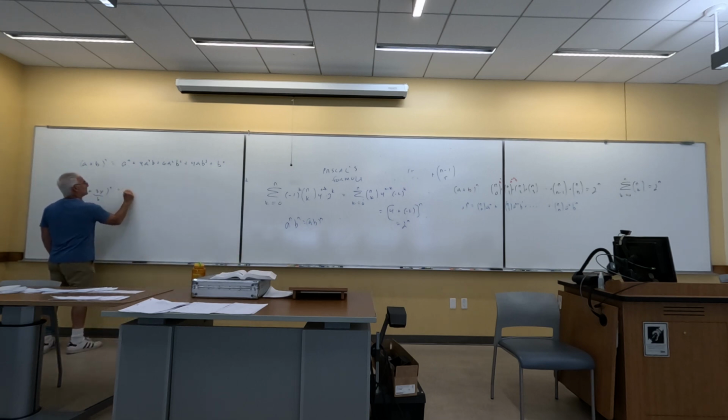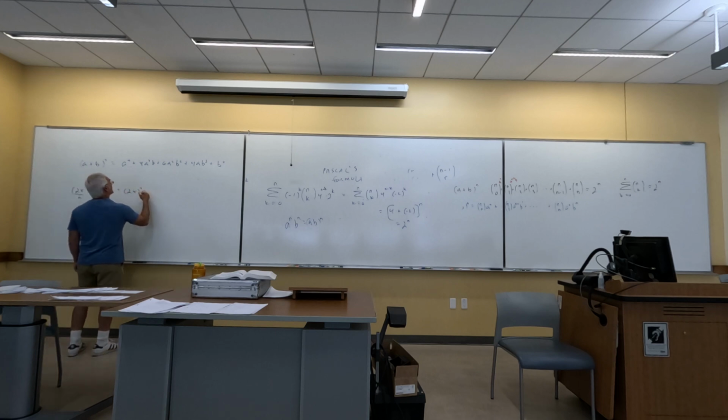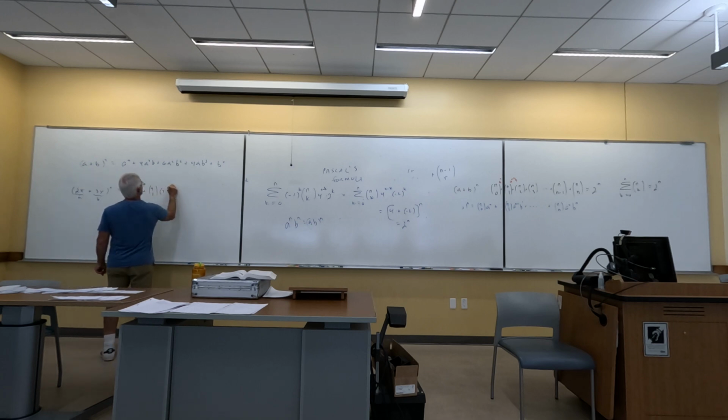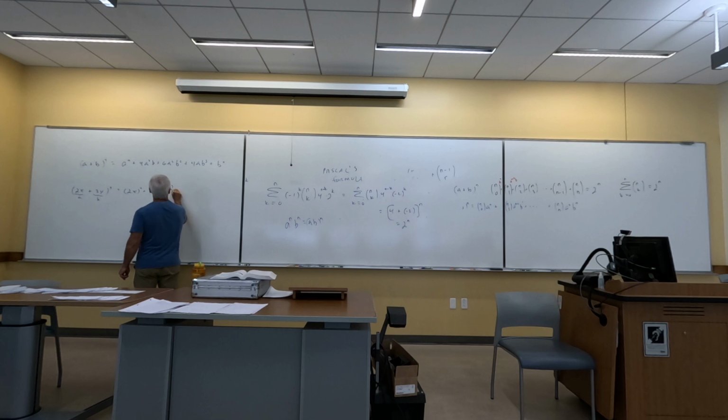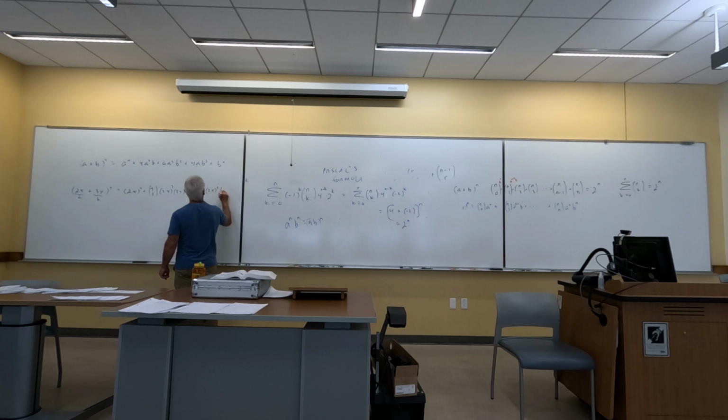So this is going to be 2x to the fourth power plus, and I'm going to write it formally, 4 choose 1, that's where the 4 came from, 2x to the third power times b, which would be 3y, plus 4 choose 2 times 2x to the second power times 3y, also to the second power.